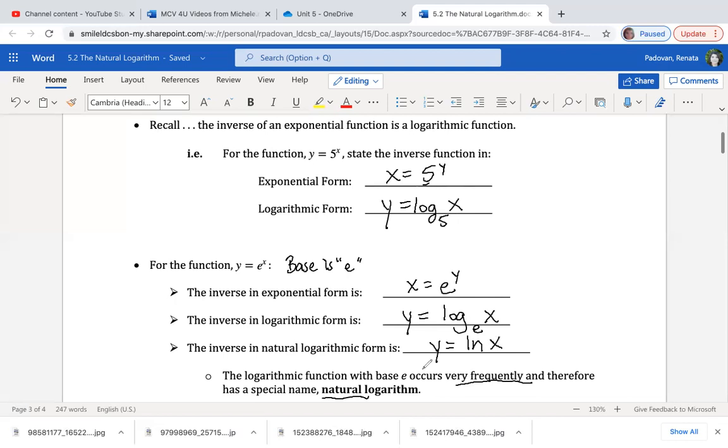I'll show you down below, you pronounce it like mowing the lawn, L-A-W-N, but it's spelled L-O-N, ln of x. So I don't have to write the base of e. It means the same thing, just a different form. So log base e is the same thing as ln, the natural logarithm.